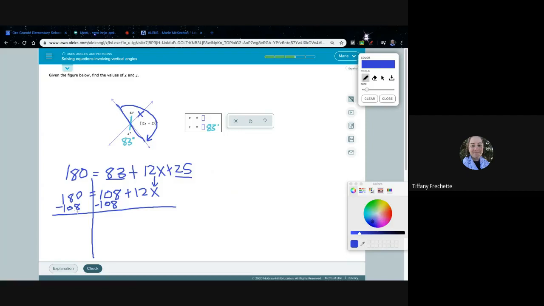180 minus 108, so we'd have to borrow here. We get 72. Equals 108 minus 108. That cancels to 0, which is what we wanted to happen. And now we're going to bring down 12x. All right, in order to get x by itself, I need to divide by 12 on both sides.